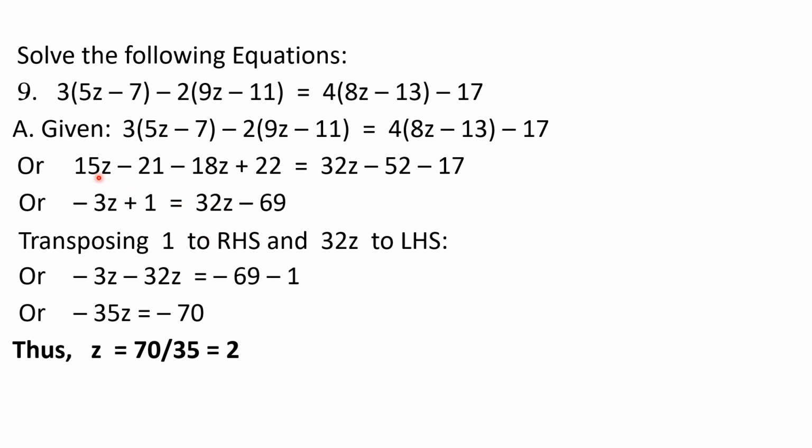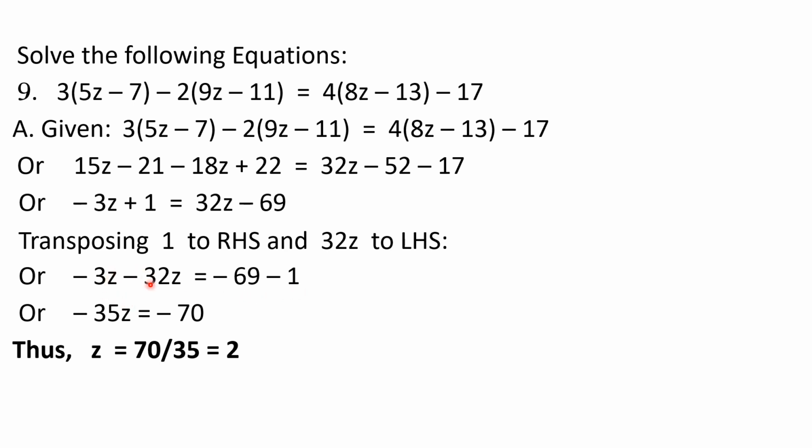So now 15z minus 18z becomes minus 3z, and minus 21 plus 22 is plus 1, is equal to 32z, and minus 52 minus 17 becomes minus 69. Now transposing this constant term plus 1 to the right hand side and transposing this 32z variable term to the left hand side, it becomes minus 3z minus 32z is equal to minus 69 minus 1.